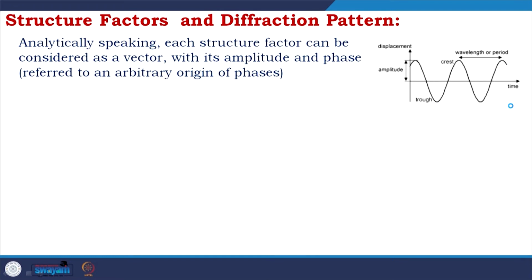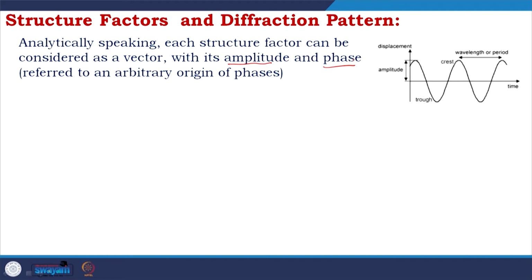So, if you talk analytically, each structure factor can be considered as a vector with its amplitude and phase. Remember, amplitude, okay, and phase refer to an arbitrary origin of phases.